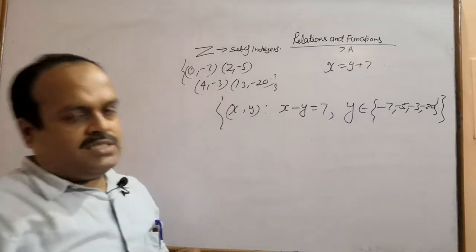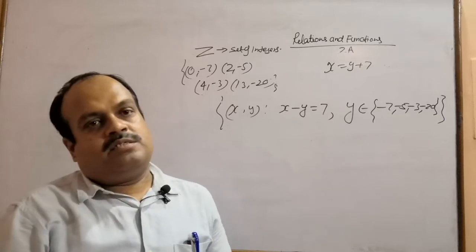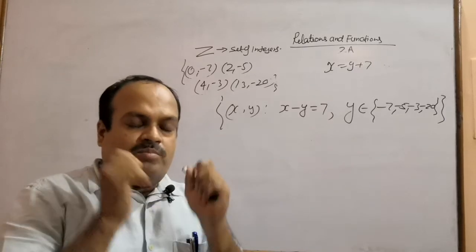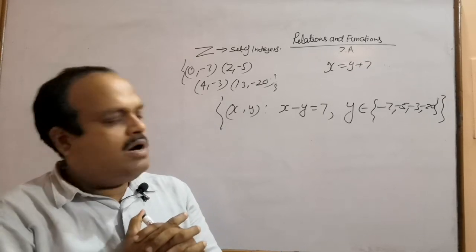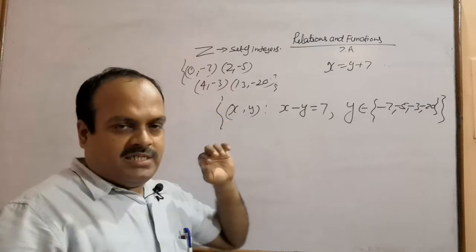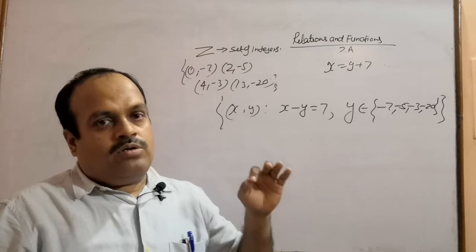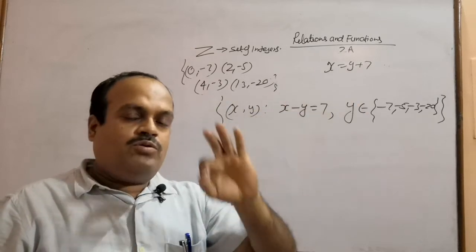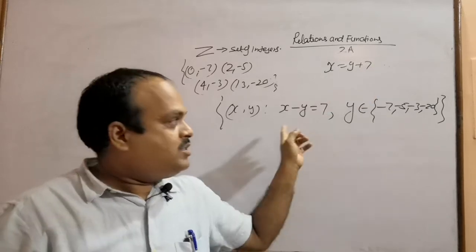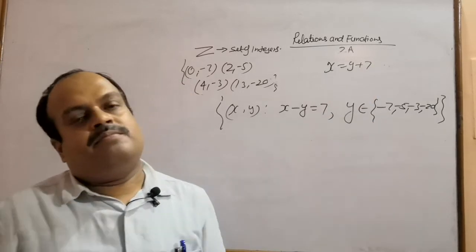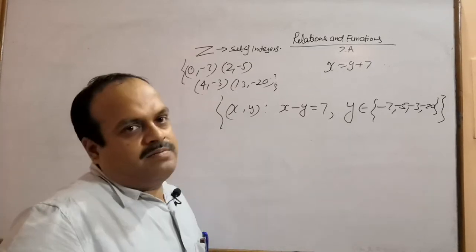When you write a relation or a set, you need to mention the value of elements. I am saying that x and y, when you use, how far it will go, its value, you need to mention there in the set itself, otherwise it will be considered as incomplete answer.